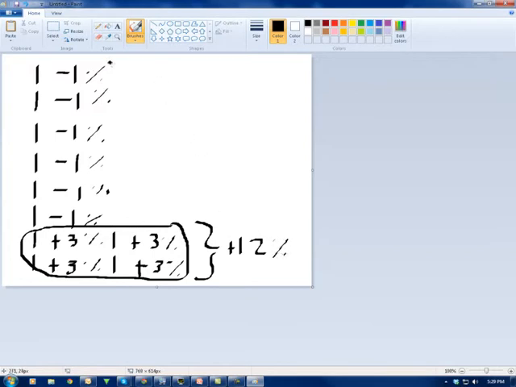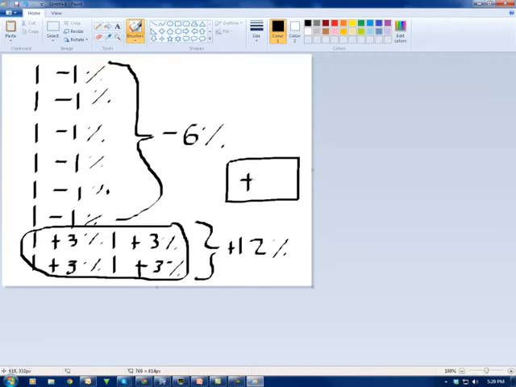And then here, it'll be -6%. So overall, will be plus 6%. Okay, I'm gonna put a smiley face down here.